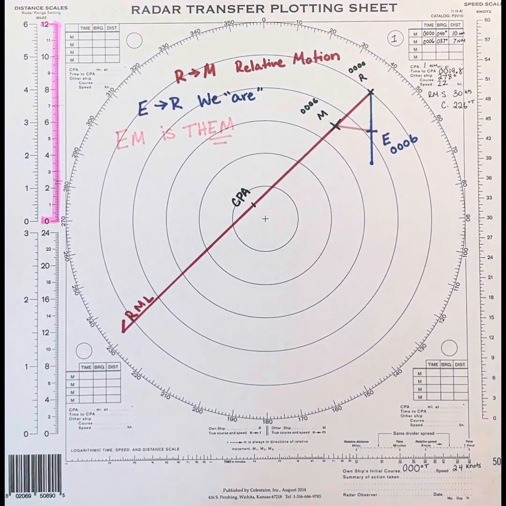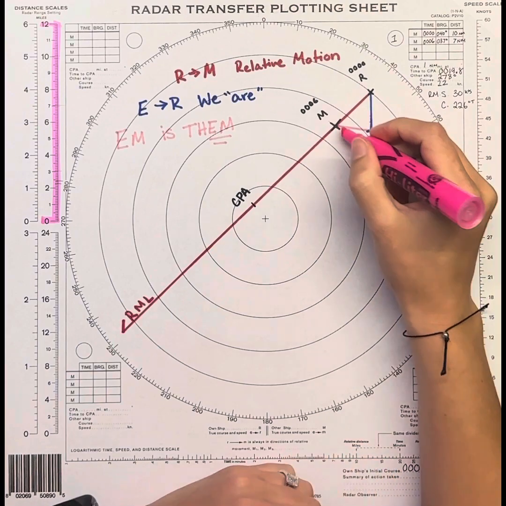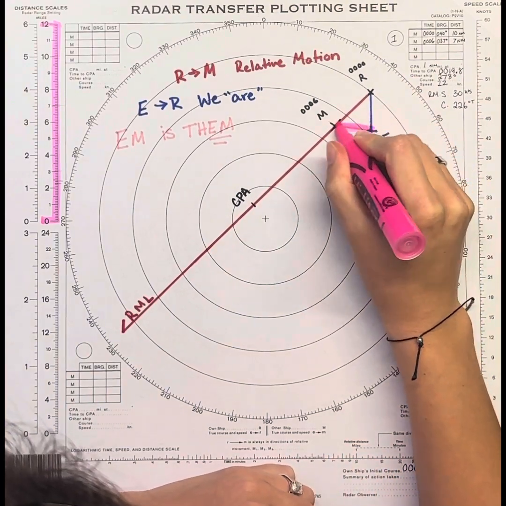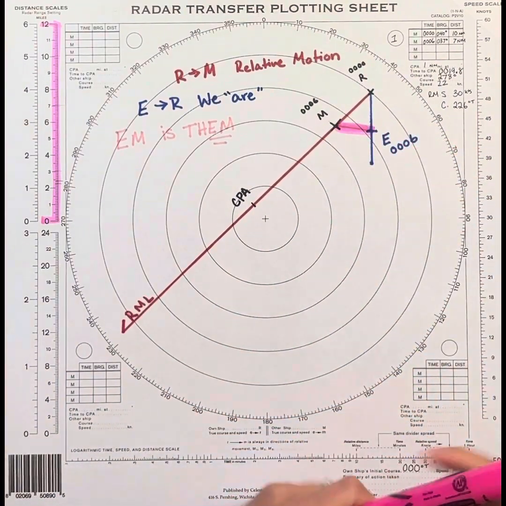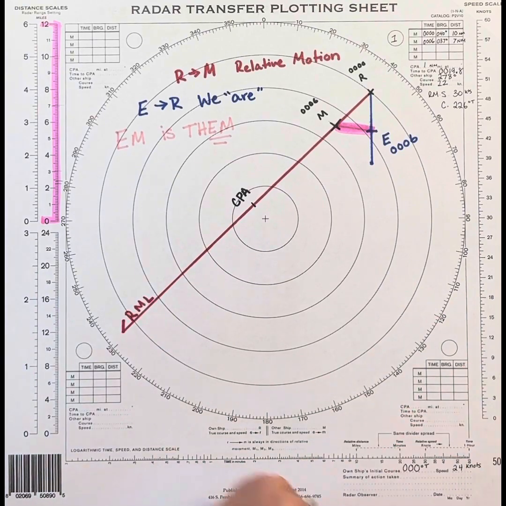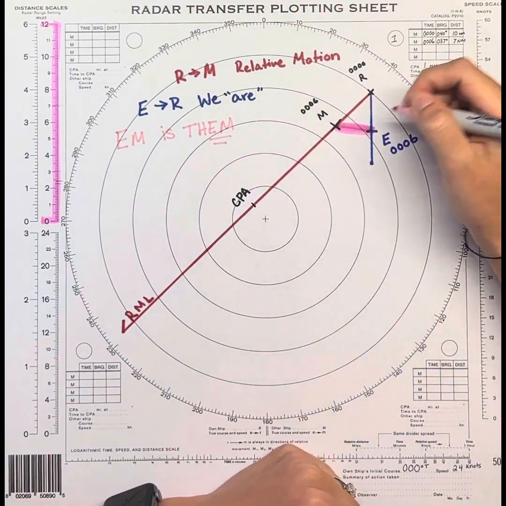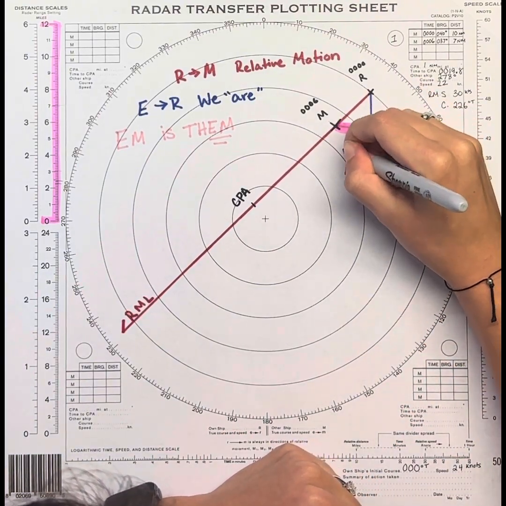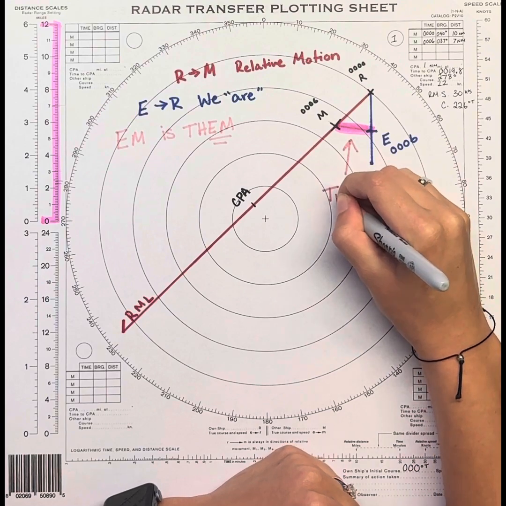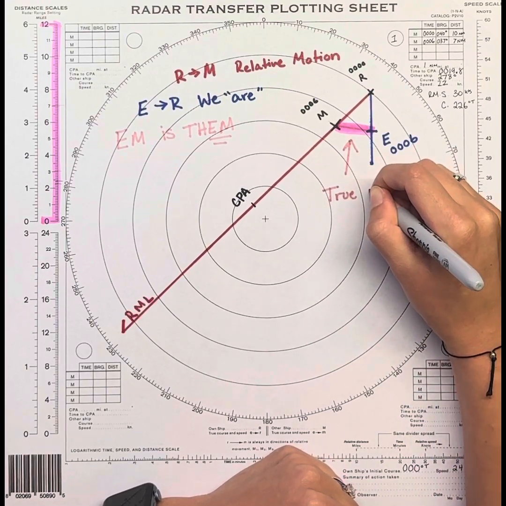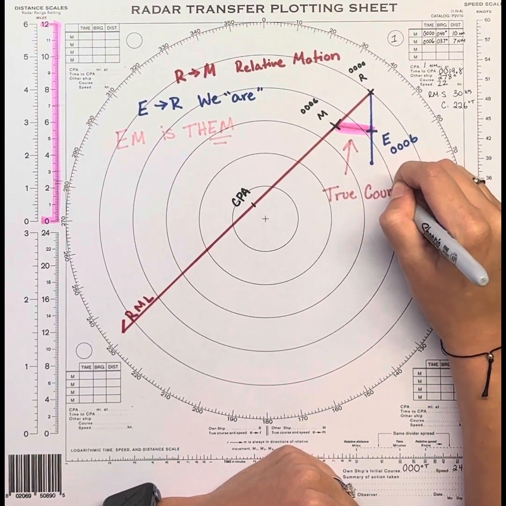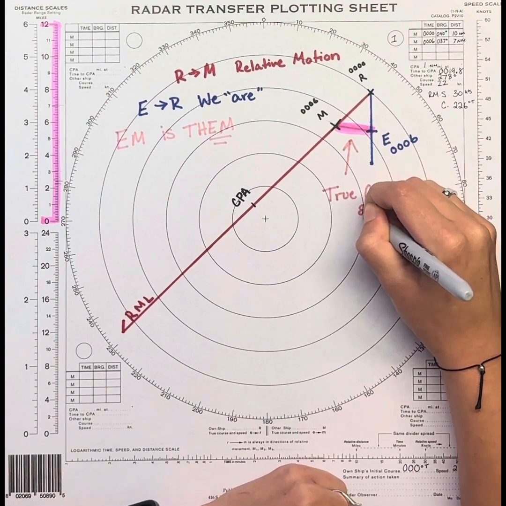Now there's a few other things that we can see with this plot. We have all the information that we filled out on the actual plotting sheet, but we're able to tell now from their true course what direction they were actually going, so we can figure out what rules of the road situation that we belong into. Now before we get there, again, I'm just going to annotate E to M is your true course and your true speed information.